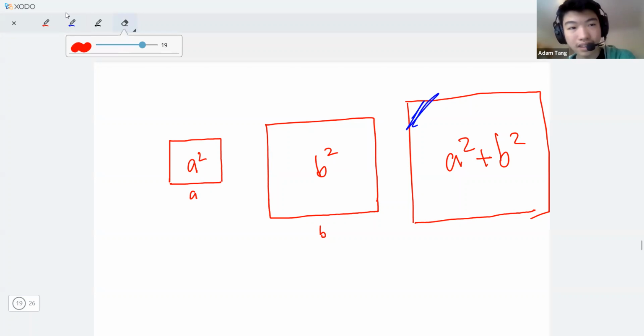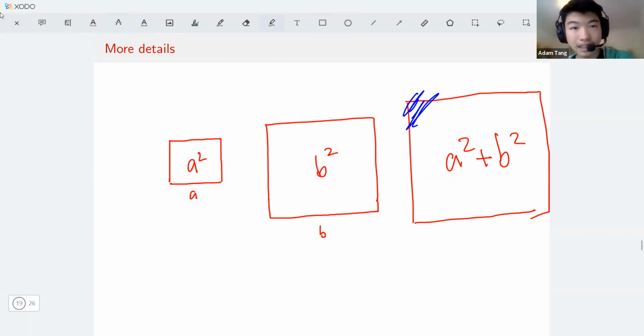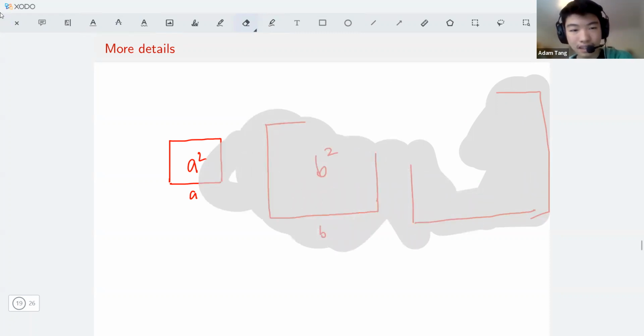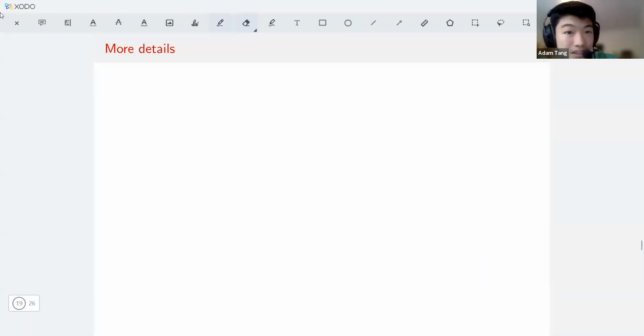We can take inspiration from the Pythagorean theorem and figure out how to combine two different squares into a single square.